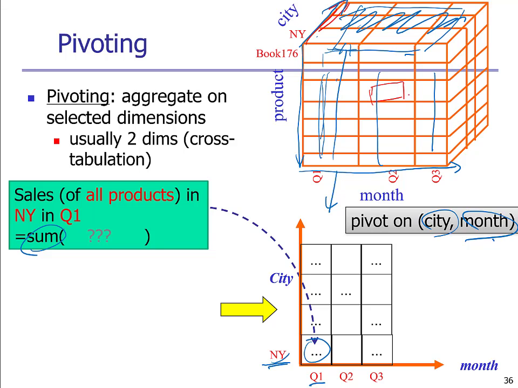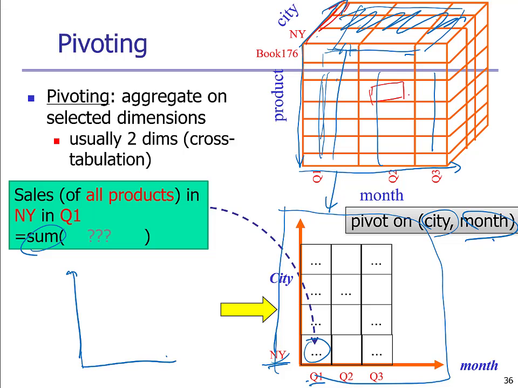For example, say assume this is what we have for now, and we want to do the pivot. We want to rotate the row and column. Currently, the row is city and the column is month. But if we do the rotation, we will have the row as month and the column as cities.